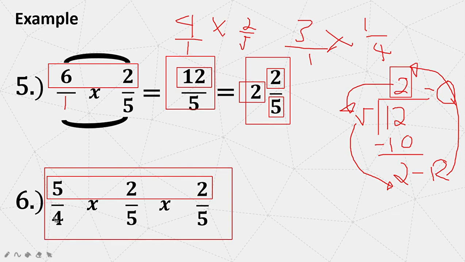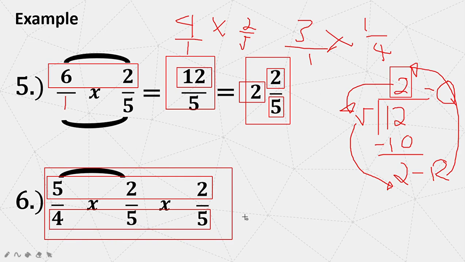And the same with denominator. We will just simply multiply denominator to denominator and another denominator. And if in case na mayroon pa dito, then we will still multiply the product to another denominator. So now, since alam niyo na, let's say 5 times 2 will give us 10.